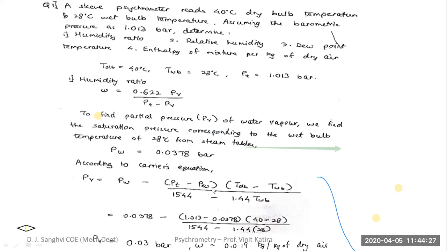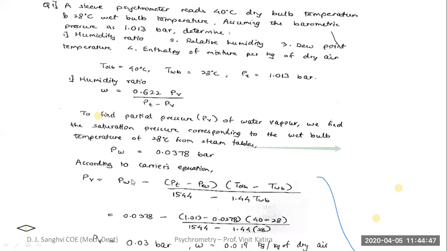Here you have to input all the values. PW is the saturation pressure corresponding to the wet bulb temperature. To find PW, you will have to use steam tables, and the saturation pressure at this wet bulb temperature is going to be your PW.